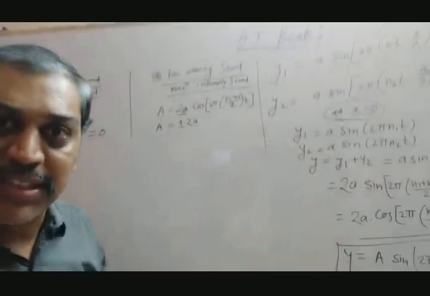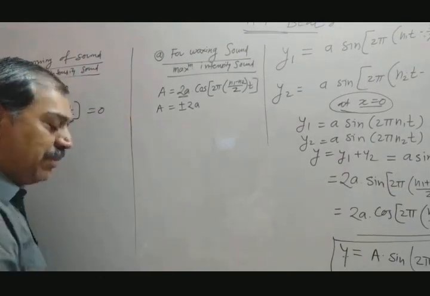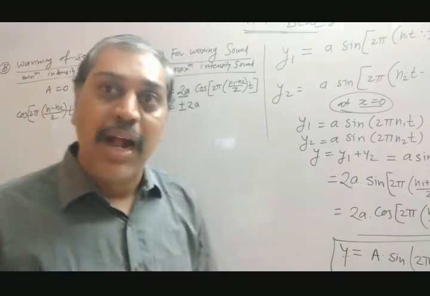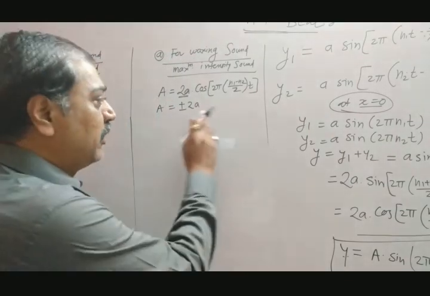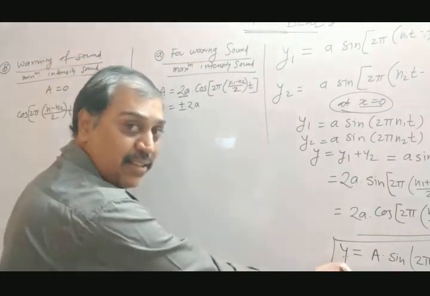Let's go with the first, maximum; then we will see minimum. For maximum intensity, what should the amplitude be? The amplitude must be maximum, and the maximum amplitude of the wave is capital A equal to plus or minus 2A. What is capital A in this equation?